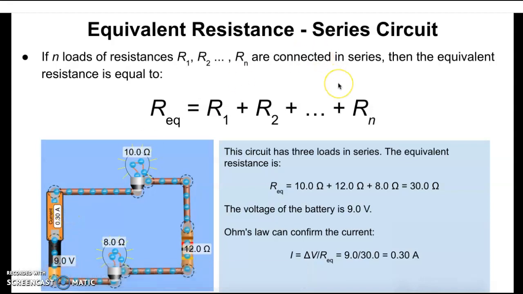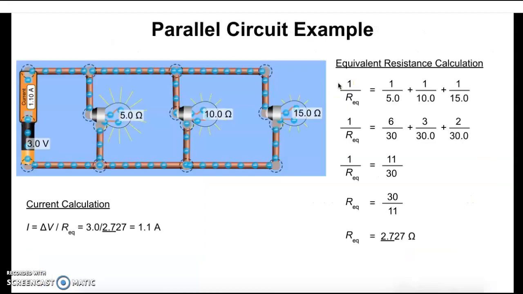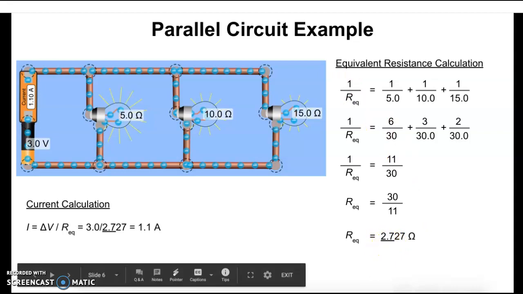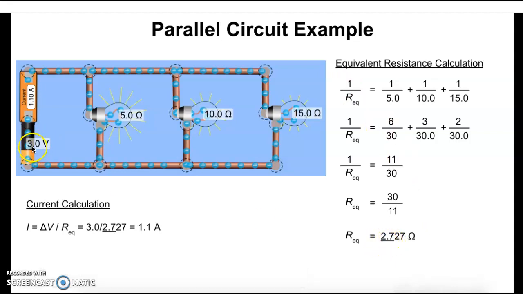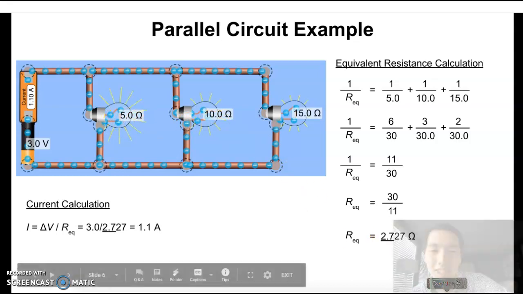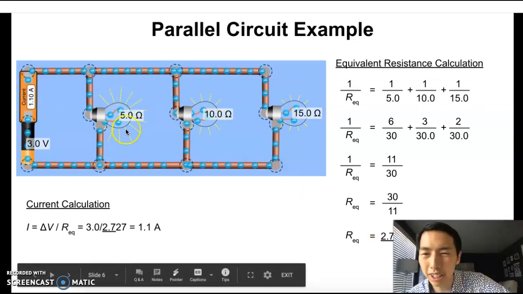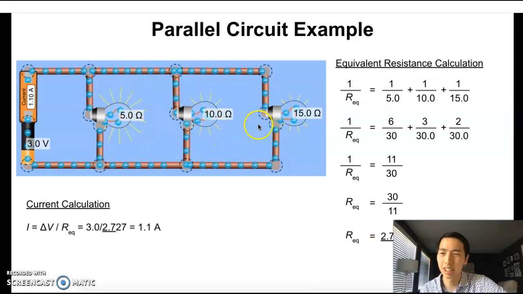However, in parallel, it's actually the complete opposite. Notice our answer of 2.7 ohms. 2.7 ohms is what the battery faces, but 2.7 is smaller than 5. It's smaller than 10. It's smaller than 15. It's smaller than any of these individual resistances.